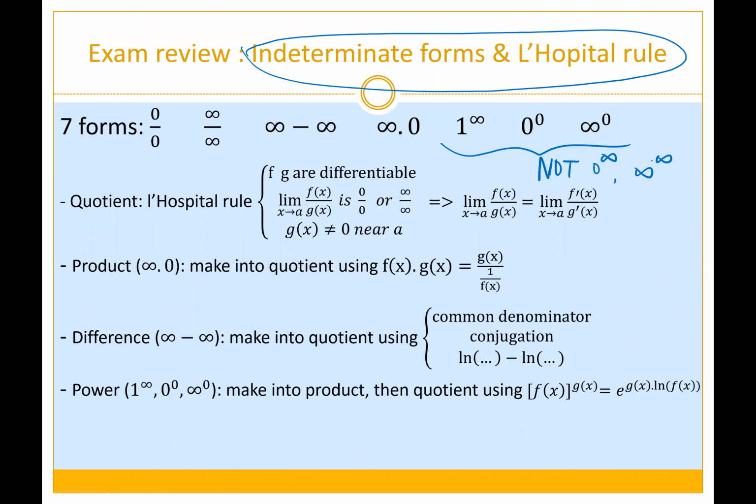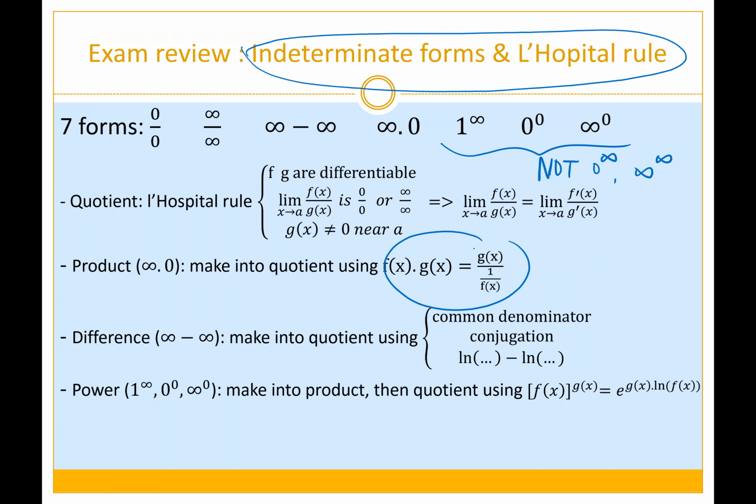There are 4 ways. If it's already put in the quotient, you use L'Hopital's rule by taking the derivative of the numerator and denominator separately. If it's given as a product, you have to make it into a quotient first using this kind of algebraic transformation.